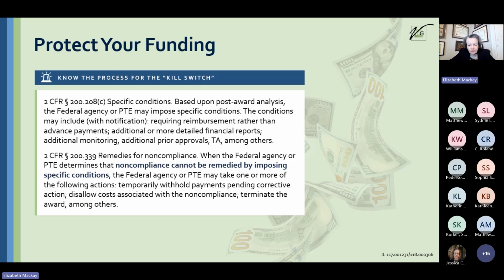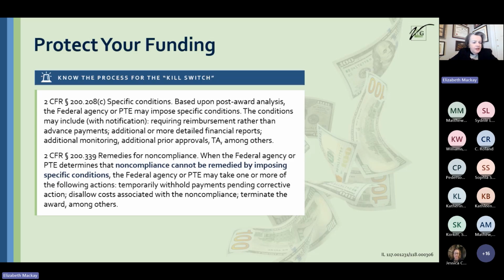After you've received your award, if your risk profile changes in some way, maybe you've got findings from monitoring visits or audits, you failed to take corrective action, or there was some kind of change in circumstances that introduced an element of risk that wasn't clear when you first signed your grant agreement or received these funds, the agency can add specific conditions, or really additional requirements, to continue with your program.